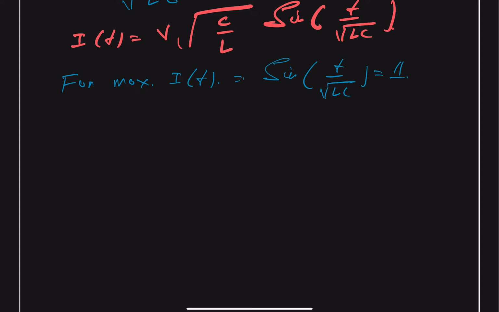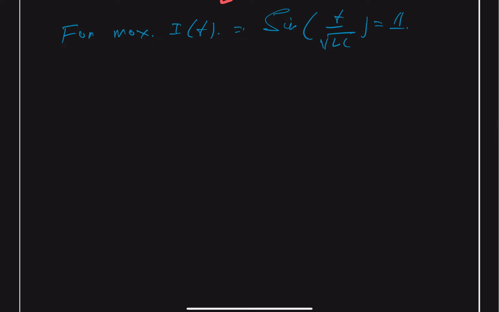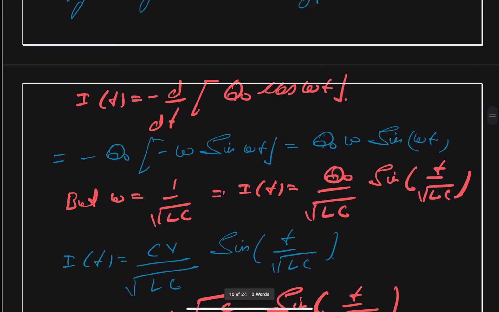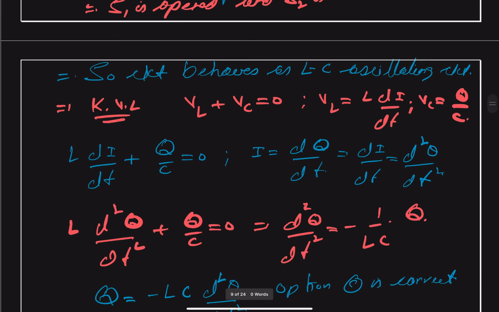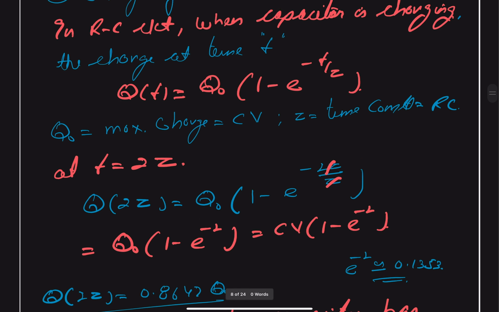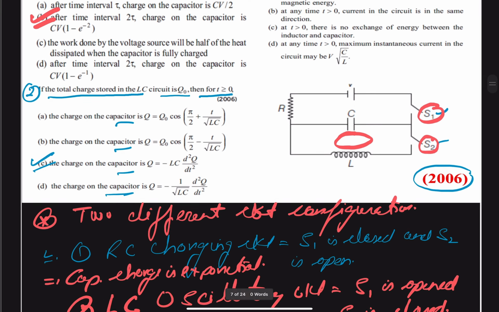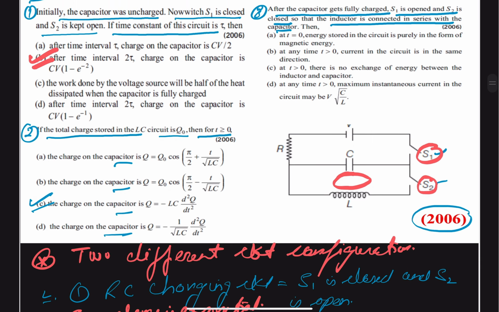Therefore, we get that our current maximum is equal to V square root of C upon L. And this was our final part in this question, and option D is the correct one.